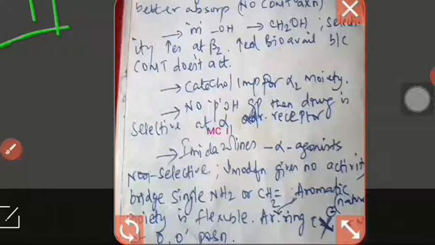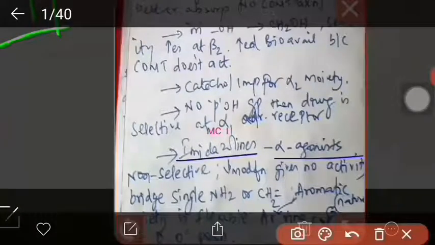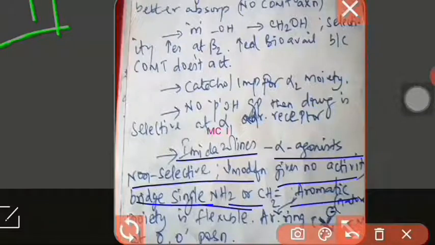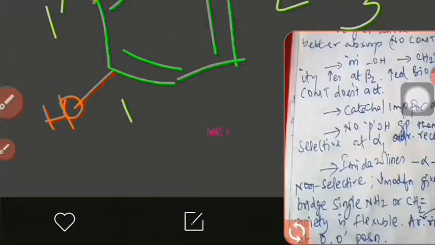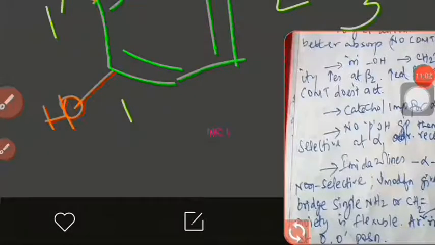All the imidazolines are alpha agonists, and they are non-selective, and they have no activity modification bridge. A single NH2 or CH2 group is enough, and their aromatic nature is so flexible, and that is giving ortho position similarity like this. With this we conclude the SAR of beta phenylethylamine and imidazoline.